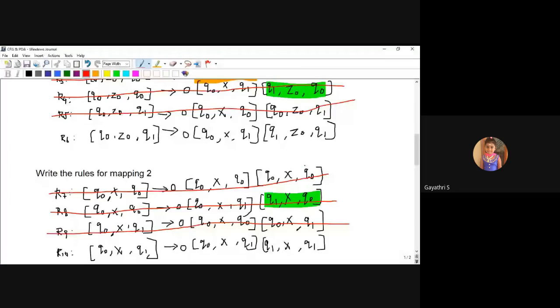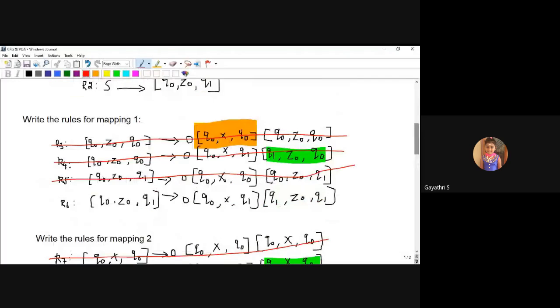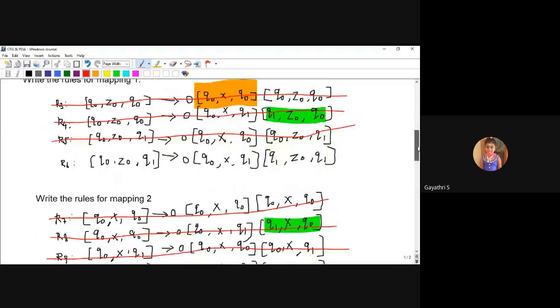Then one more production, Q0 x Q0, which doesn't produce any fruitful replacement; it produces its own state again. So I will eliminate Q0 x Q0. For eliminating these three productions, rules 3, 4, 5, 7, 8, 9 are removed.